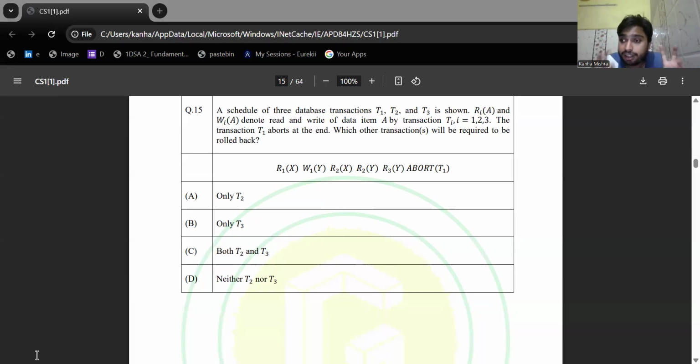Otherwise, it can trigger a cascading rollback.